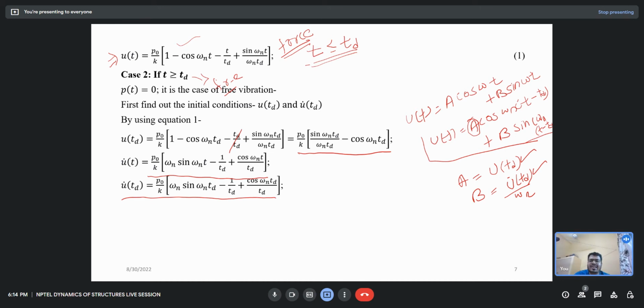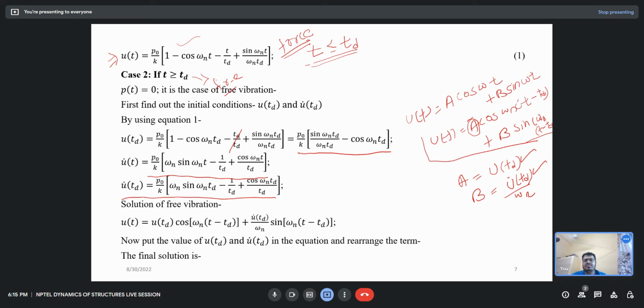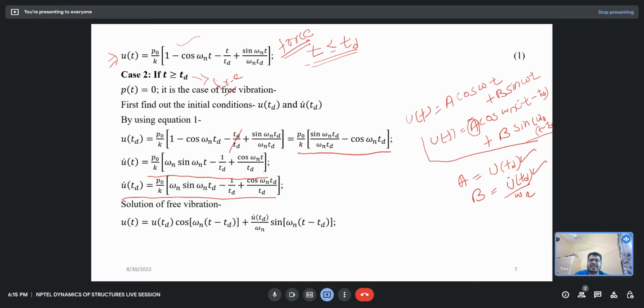Now the response is the solution of the free vibration. So the response becomes u(t) is u(td) cos omega n (t minus td) plus u dot (td) divided by omega n sin omega n (t minus td). Now I simply have to put these terms in place of u(td) and u dot (td).